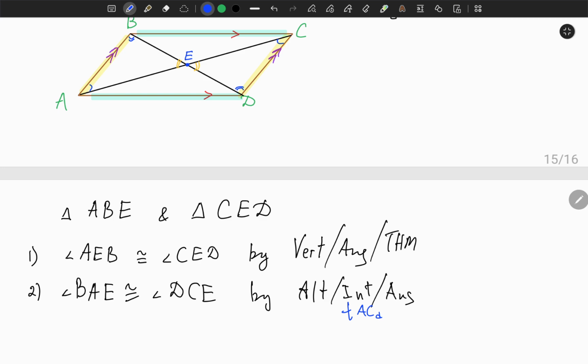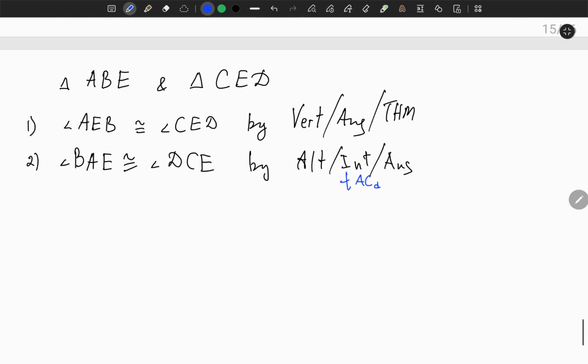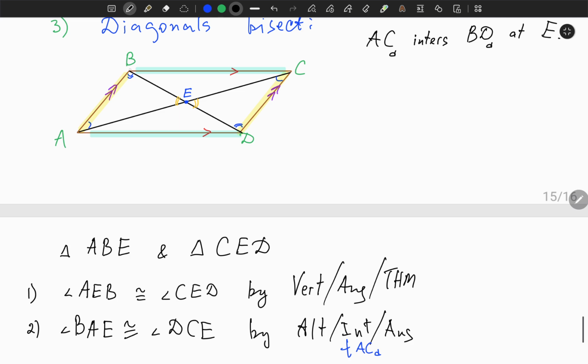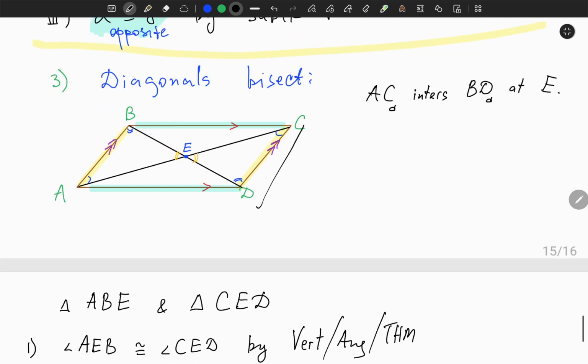I need to make sure which transversal will work. Of course, these two lines are parallel. Similarly, we can use this angle: angle ABE is congruent to angle CDE.